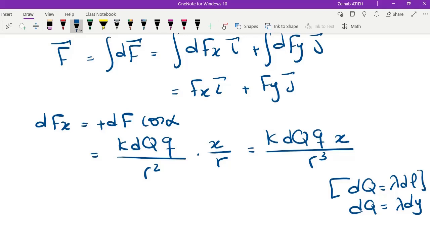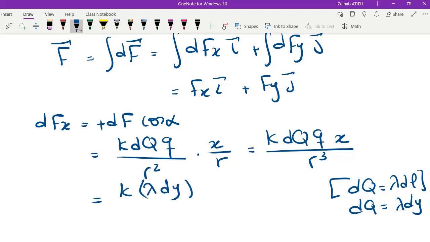Why do I do that? I try to make everything in terms of y so that I have one variable to integrate over. When I integrate in the problem from minus L over 2 till L over 2, I take all the y's, all the portions distributed from minus L over 2 to L over 2. So I will substitute. I will get k, and for dq lambda dy.